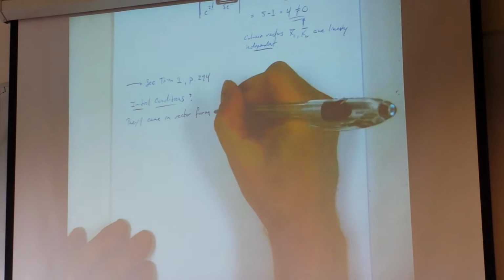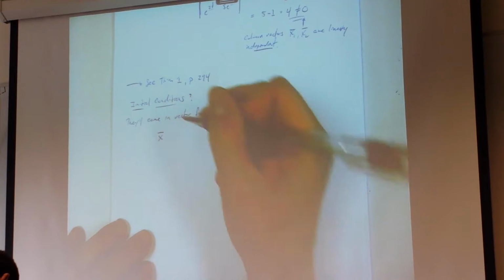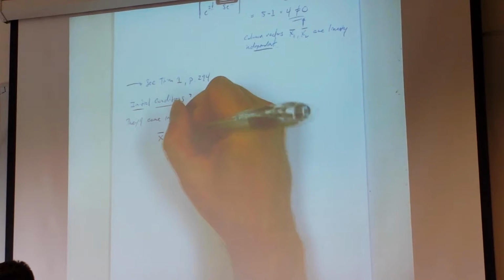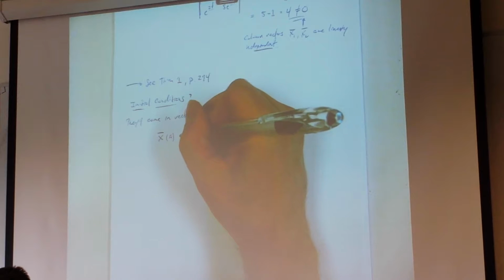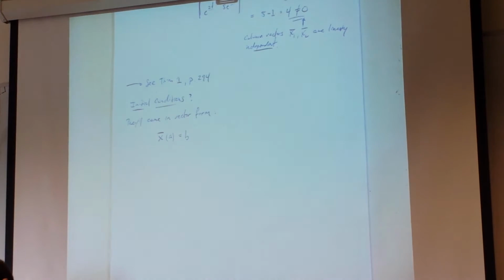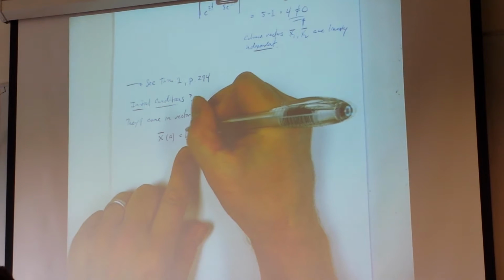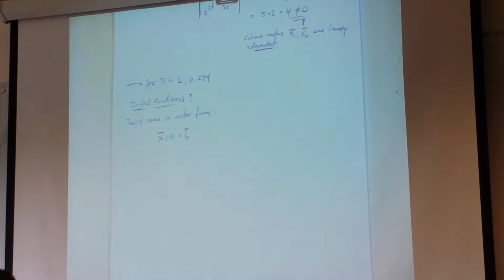So that vector of solution functions, x, evaluated at some point equals b. They're not going to give you a single value b, but a vector of values. So if it's a system of 2 differential equations, then the b would be the column vector of 2 constants. Okay?